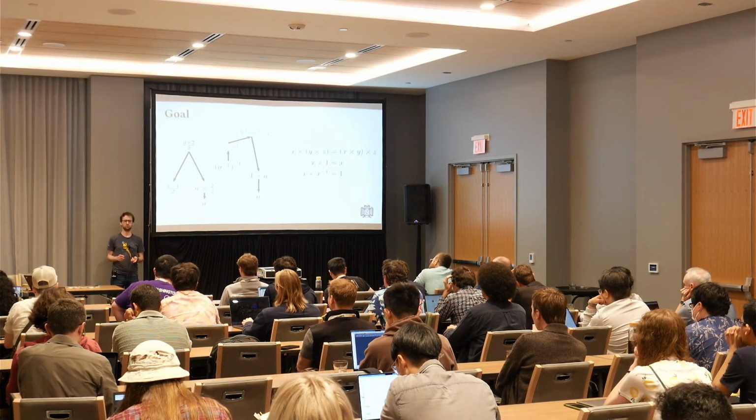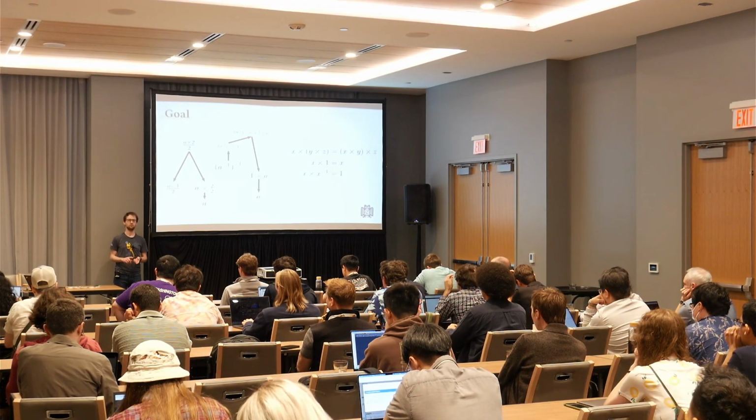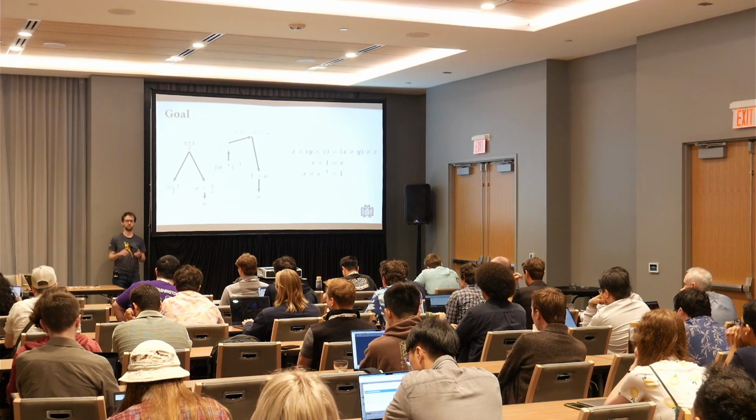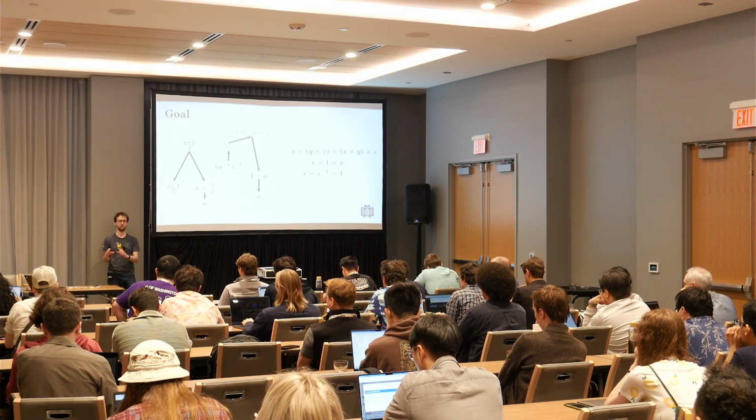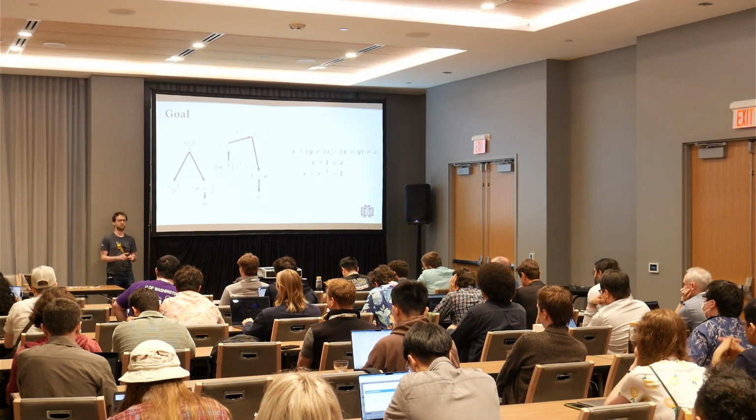And the order needs to be a reduction order, that is, a strict partial order which is stable under substitution. So whatever we substitute in our rule, the order has to be preserved, and it has to be well-founded.